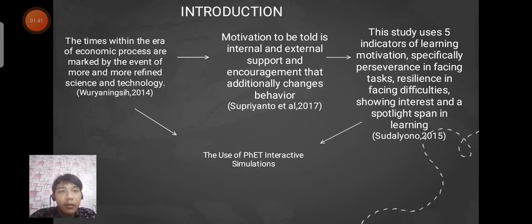By Supriyanto et al. 2017, this study used 5 indicators of learning motivation, specifically perseverance in facing tasks, resilience in facing difficulties, showing interest, and attention spent in learning. By Sudaryono 2015, the 3 components in the structure of the use of PhET interactive simulation.